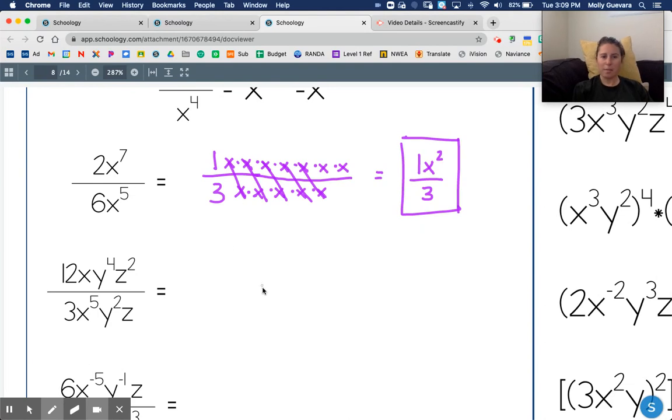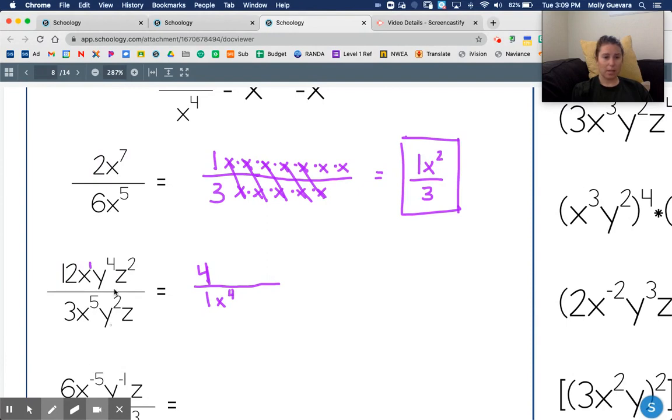Okay, so again, it's something that I do in my head very quickly. So let's look at the second one. 12 over 3 simplifies to 4 over 1. You don't really need the 1, but it's there in case you want it. Here I have 1x on top and 5 x's on bottom. So 1 can cancel and I'm left with 4 on the bottom.